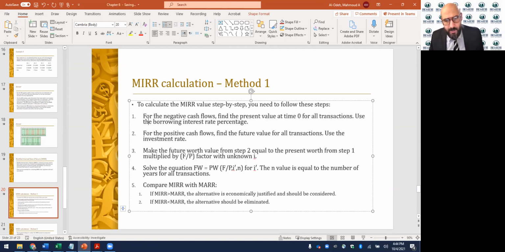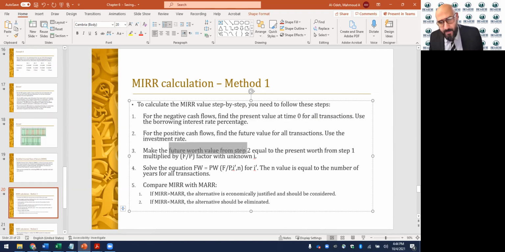All right, so number one, again, you separate the negative from the positive transactions. For the negative transactions, find the present value at time zero using the borrowing interest rate. And for the positive transactions, find the future value for all transactions using the investment rate.